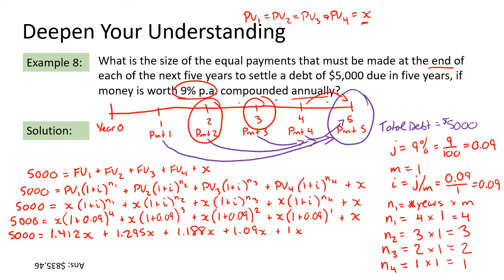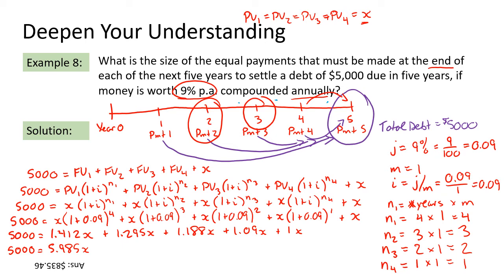Remember, because x is just the same as 1 times x, you get that 5,000 must equal 5.985 multiplied by x. Okay? If you do that, now you just need to solve for x.